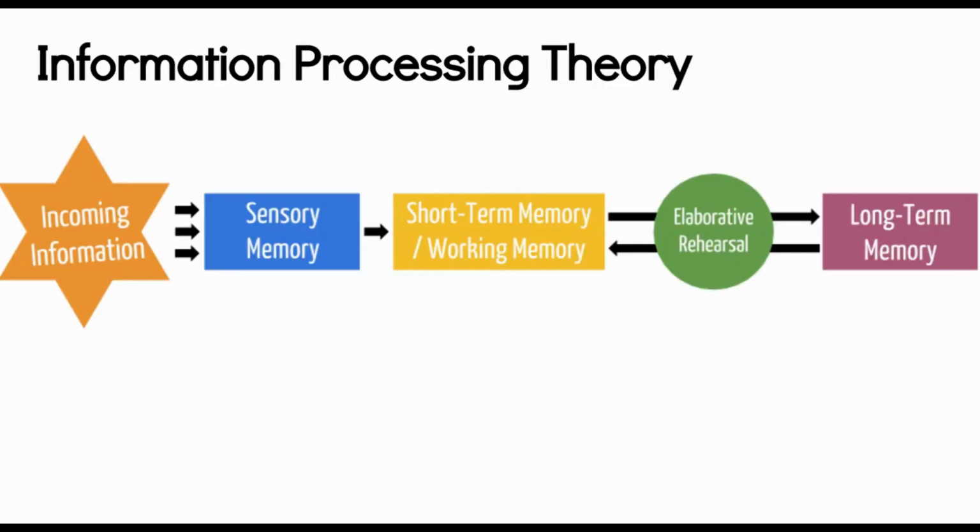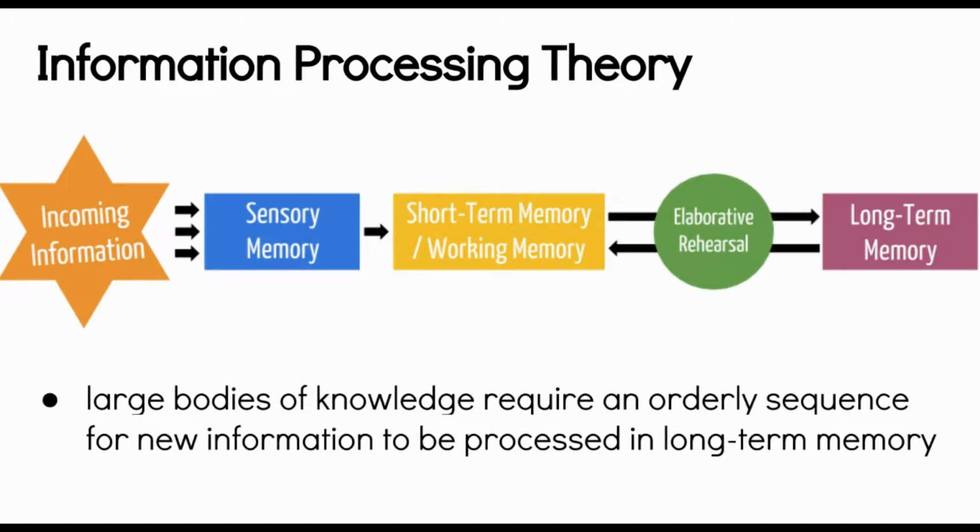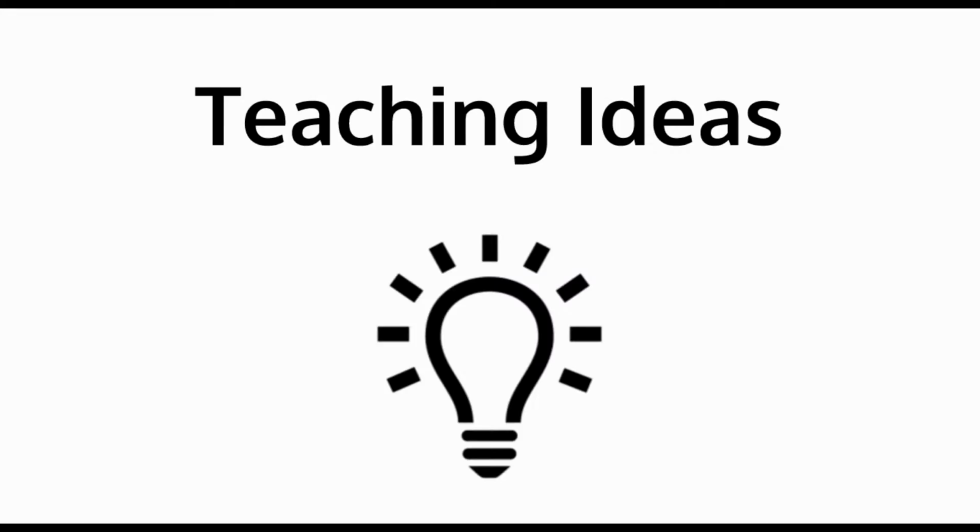But a more effective way for our brain to remember things is to just elaborate on information and guide it into a storage folder within our long-term memory by connecting to our prior knowledge. So large bodies of knowledge or content require an orderly sequence for new information to be processed in this long-term memory.